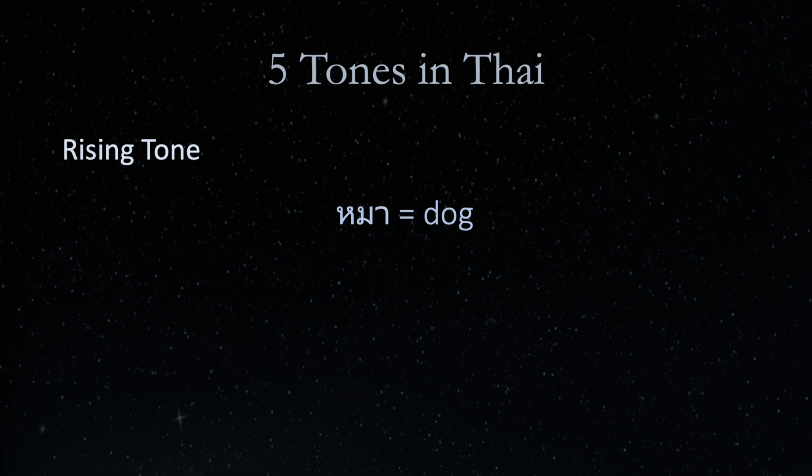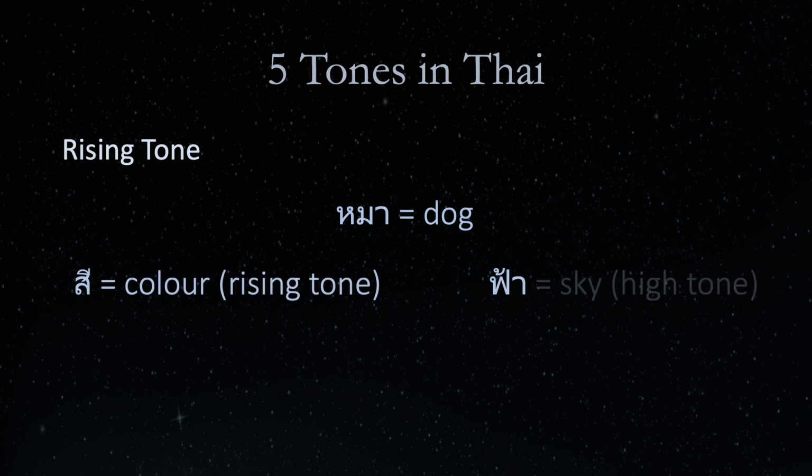Practicing with 2-syllable words that have both tones will help you figure out at what pitch to begin to express the right tone. The word si, fa, for example, has 2 syllables. The first syllable, si, means color and is in the rising tone. The second syllable, fa, meaning sky, is in the high tone.